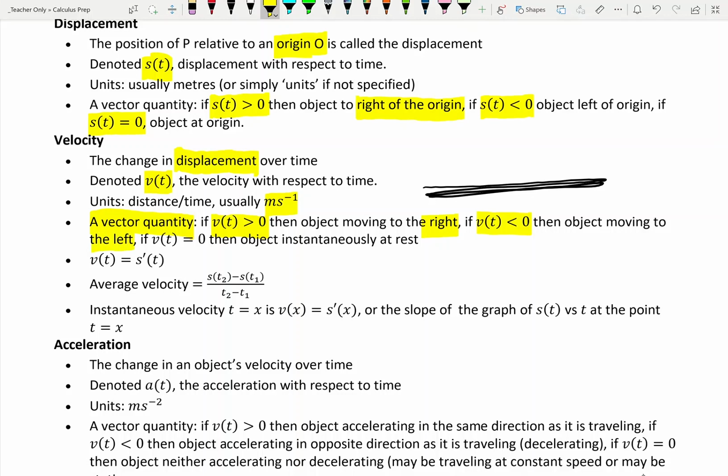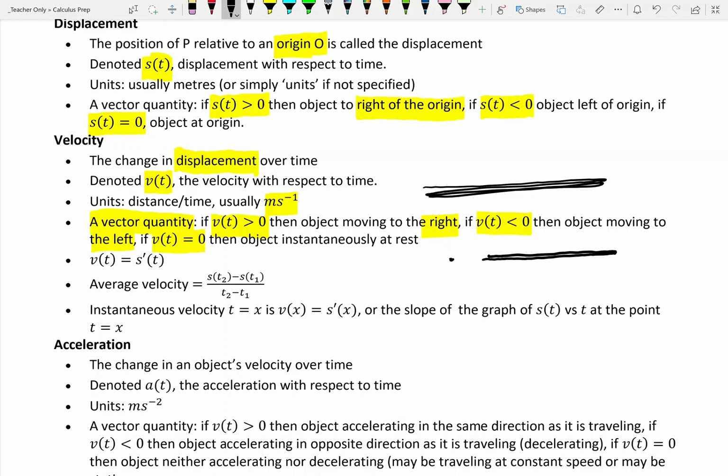And if the velocity is equal to 0, then the object is instantaneously at rest. Now that means that the object may be completely stationary, or it may be that the object has moved in one direction, instantaneously the velocity is 0, and then it moves back in the other direction.